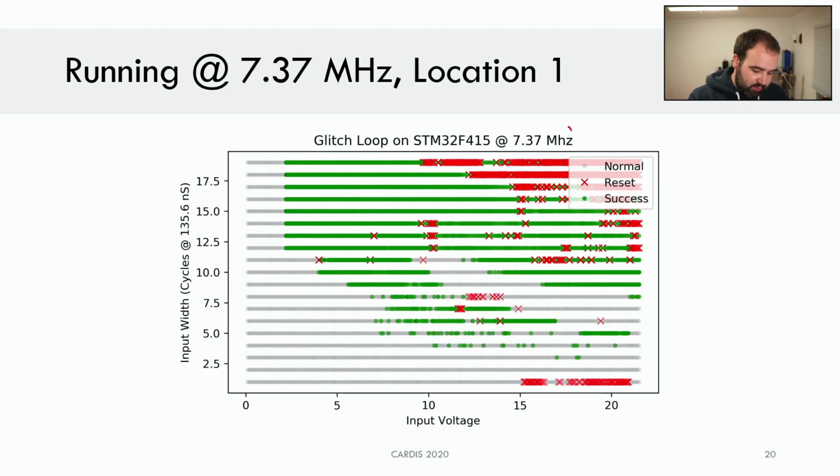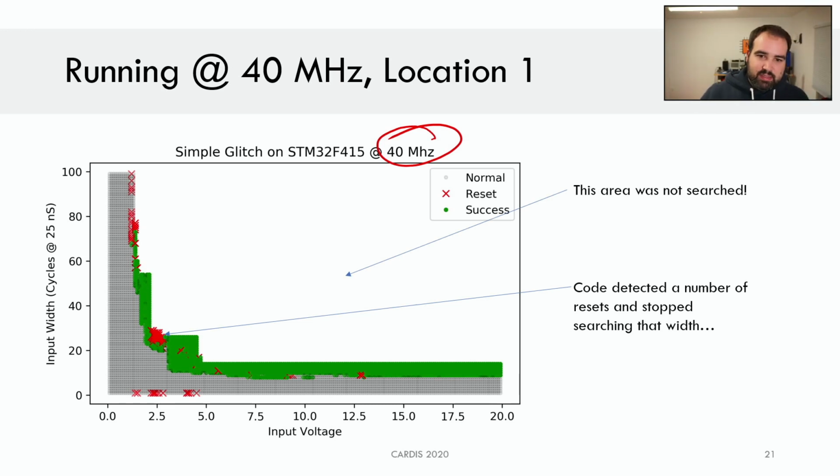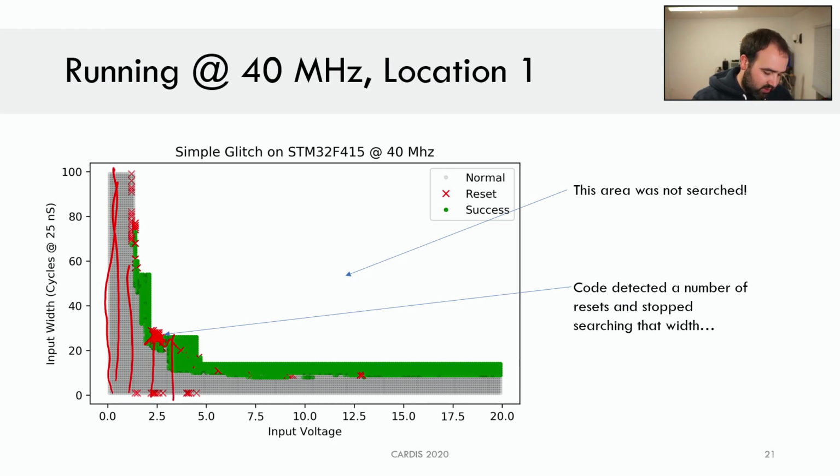If I crank this up from 7.37 to 40 megahertz, you can see that we still get a lot of successes. It didn't search the whole area. Basically it used a search strategy that would increase the voltage like this, and if it saw a bunch of resets, it would stop increasing and use that as the new maximum. So a bunch of resets happened here and then it didn't search as far in the future.